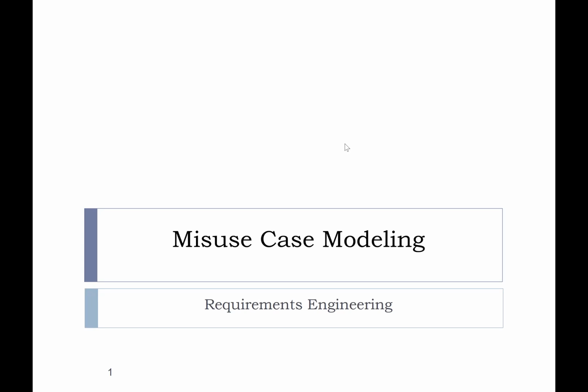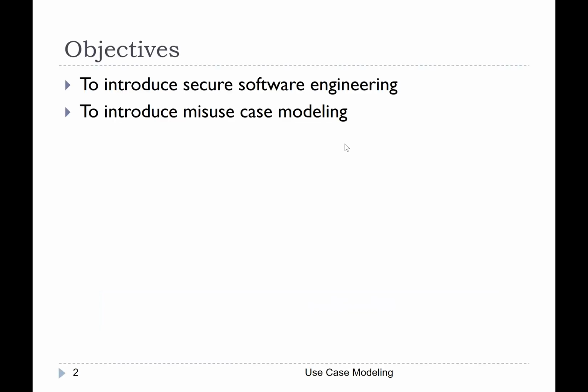Now, obviously, the word misuse is the inverse of the word use. But what it means also is that we're still having actors use our system, but instead of using it in a proper way, they are misusing it, okay? So the way they are using it is actually causing harm. That harm could be intentional or could be unintentional, okay?